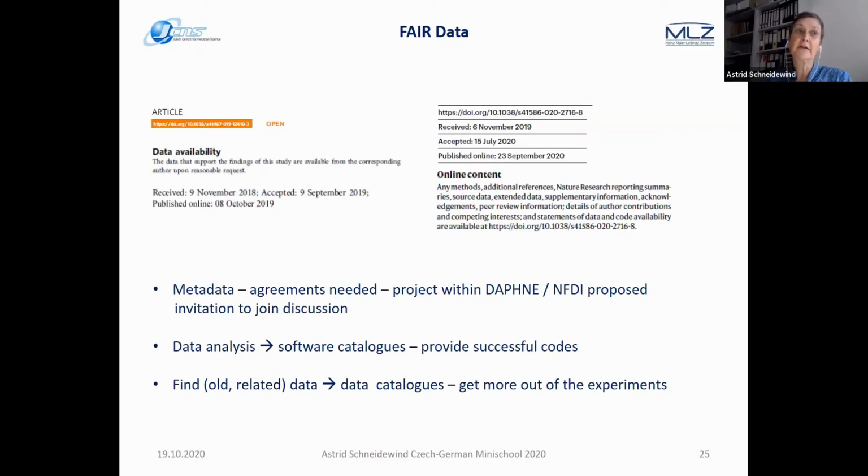And it would be very nice if we could find old data or related data to avoid additional or double experiments. So we applied for this funding, but anyway, we will do so with the resources we have. So please join a discussion on that, or join with ideas, and maybe also the team.